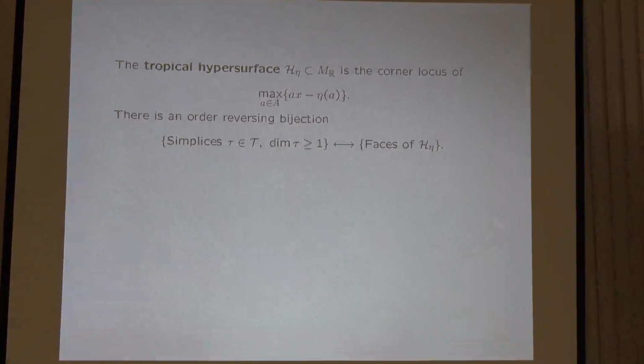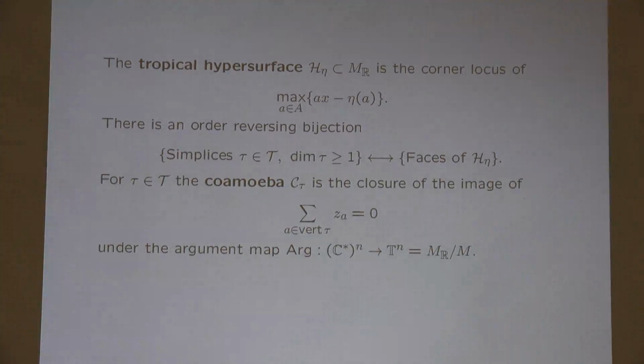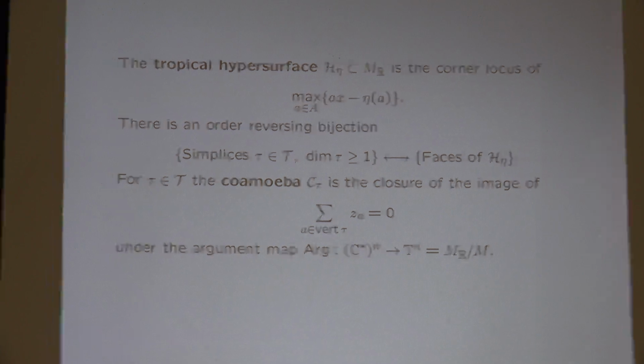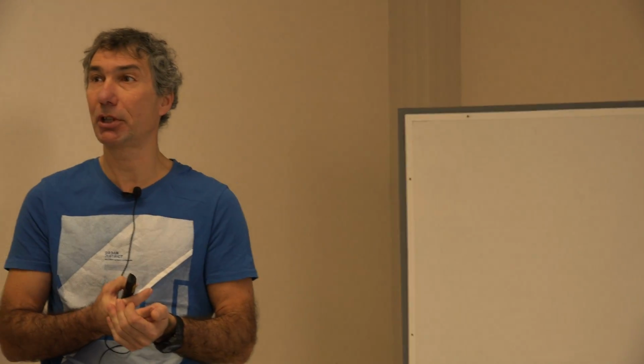So this is a usual tropical hypersurface. We're going to enhance it by putting some fibers over the strata of those tropical hypersurfaces. The fibers are going to be the co-amoebas. We have amoebas, which are the image of the log map of the usual complex hypersurface, and we have a co-amoeba, which is the image of the argument map. So just look at the arguments of your variables and see what the images are in a torus.